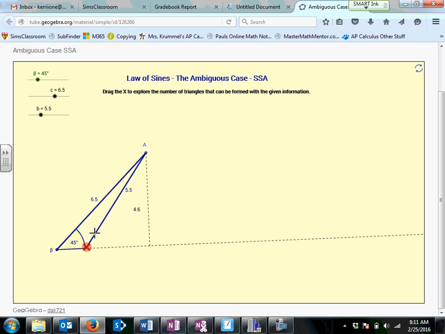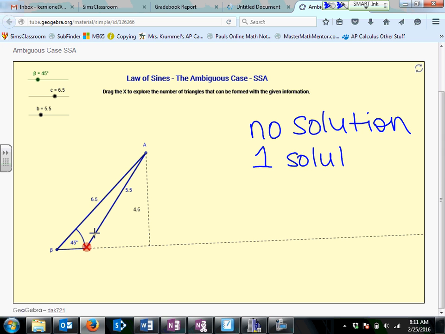We could get no solution, where that side is just too short to meet up with the other side. We could get one solution, which, if you did 22, you got one solution. It worked out. Or we could get two different triangles that work.